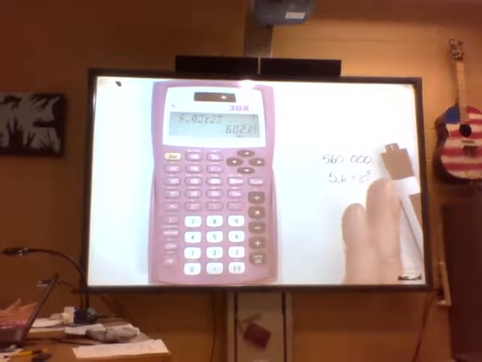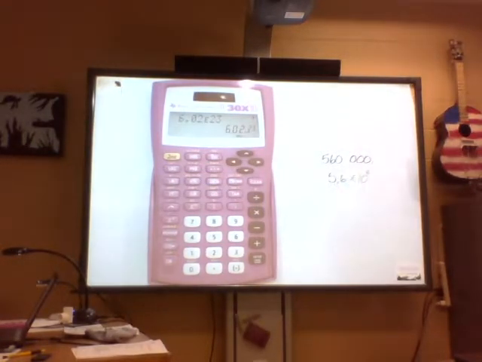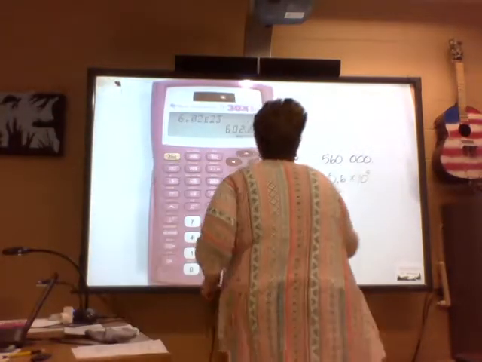Okay, scientific notation. How many digits can be in front of the decimal? One. And how far you move the decimal is what that exponent is. How would I write a number that's very, very small? A negative exponent.